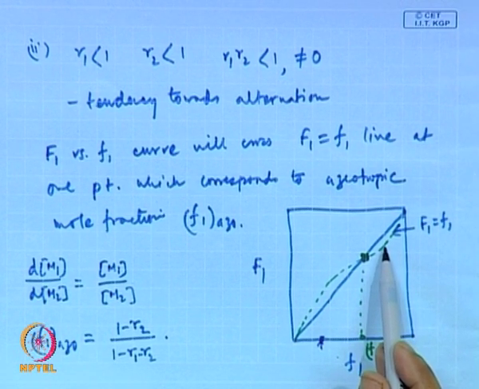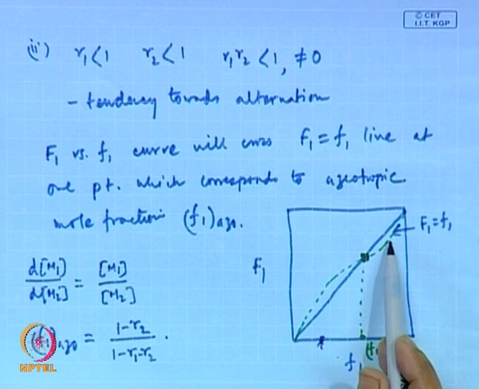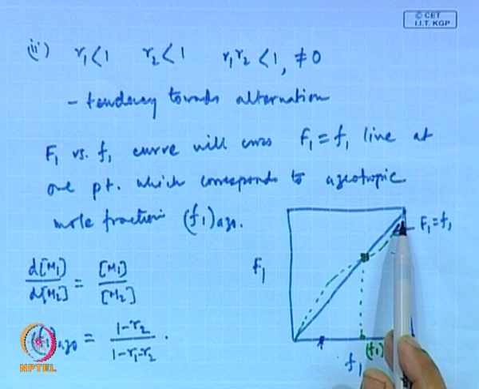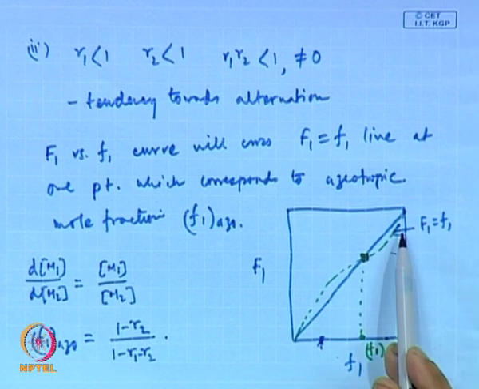As a result, slowly with conversion the mole fraction of M1 monomer in the reaction medium would go to 1.